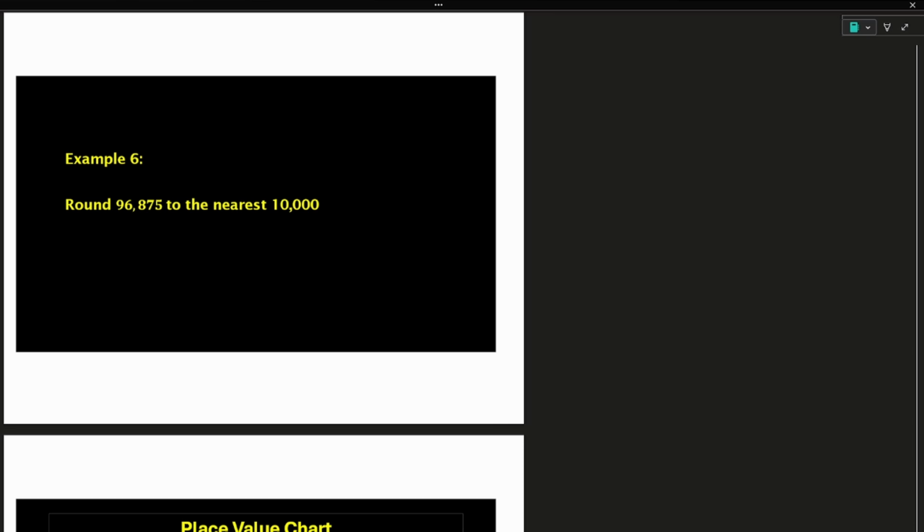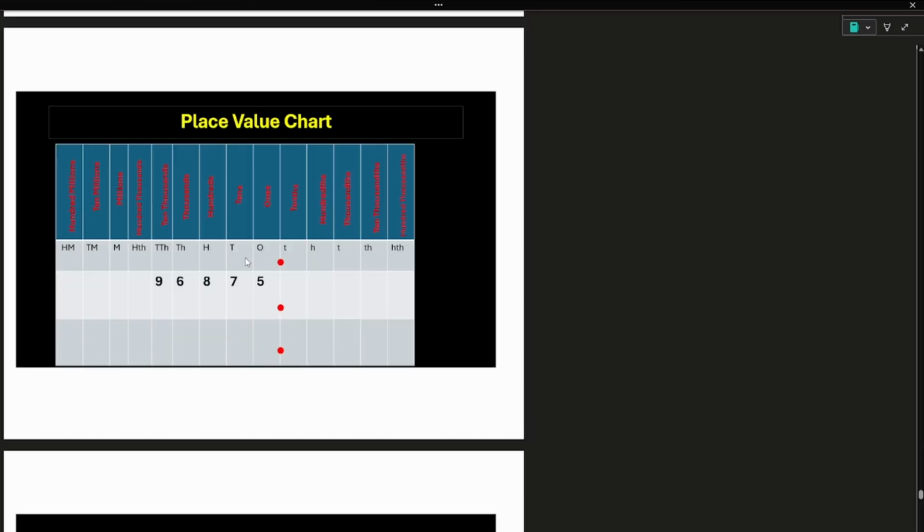Next, we are asked to round 96,875 to the nearest 10,000. Using a place value chart, we need to identify the digit in the 10,000 place.